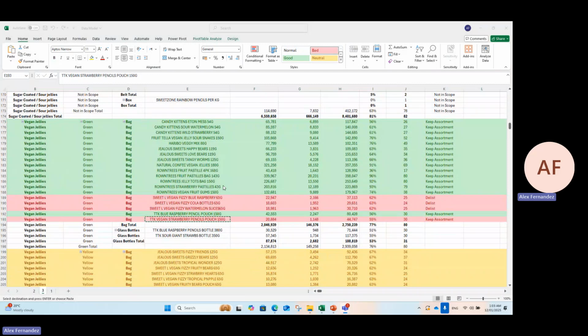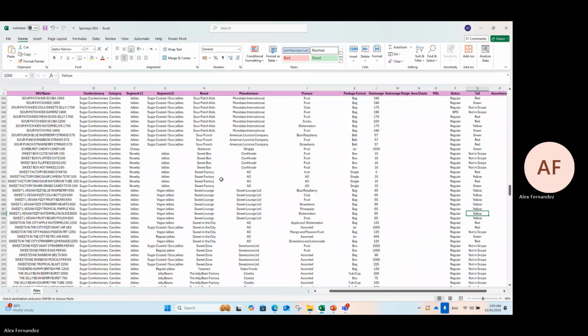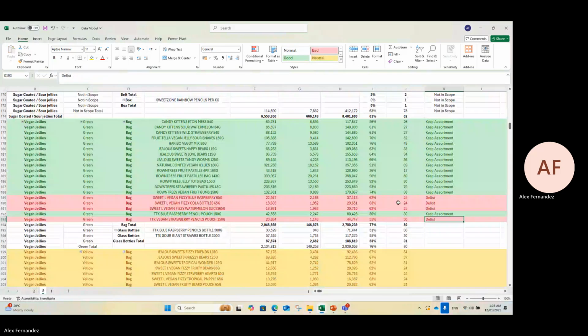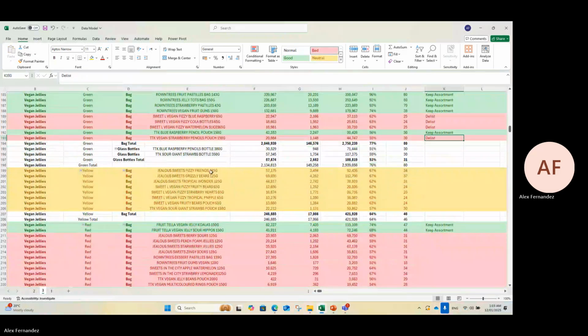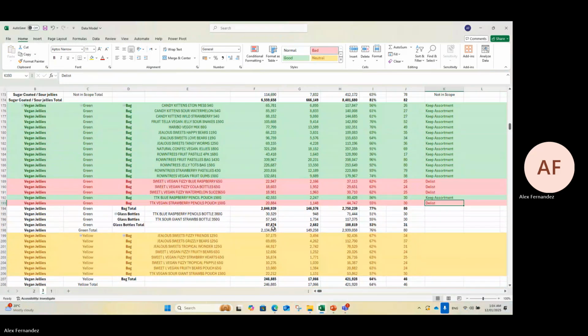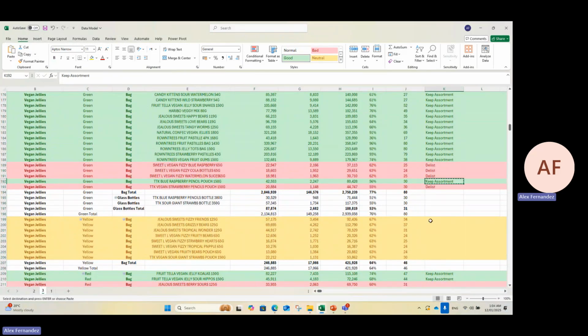So, awesome. History will keep. So check this SKU.